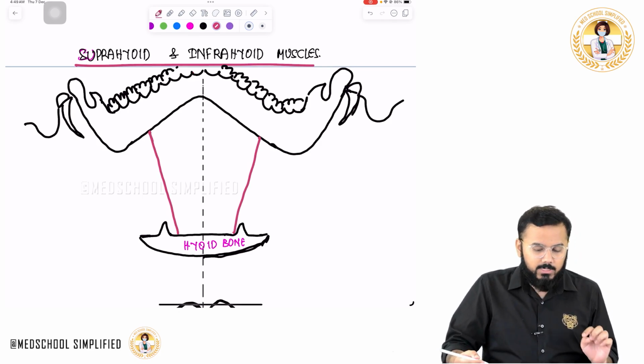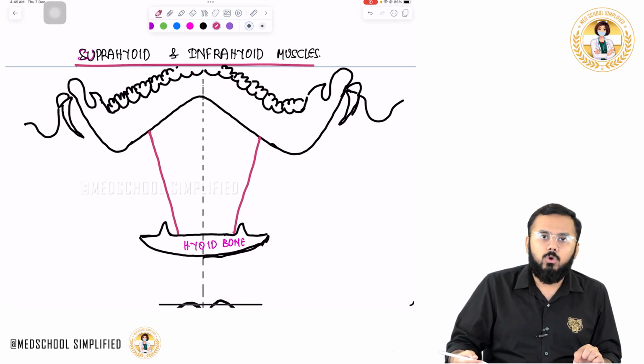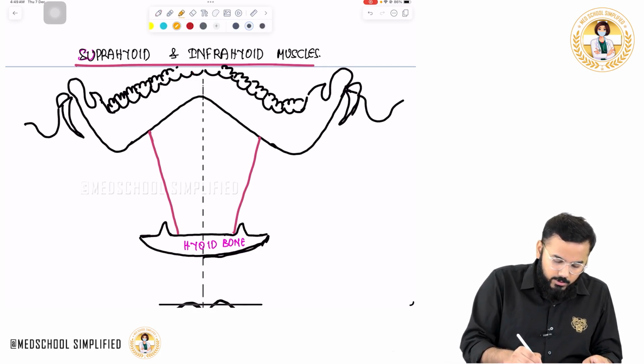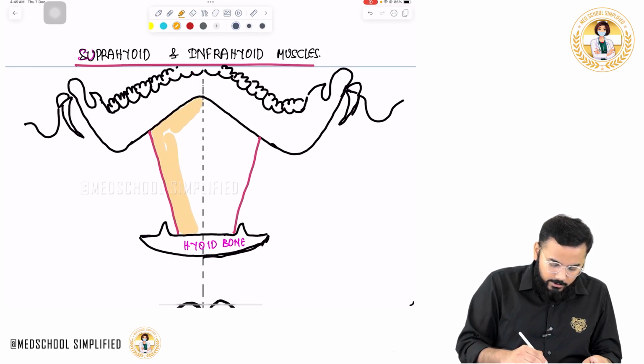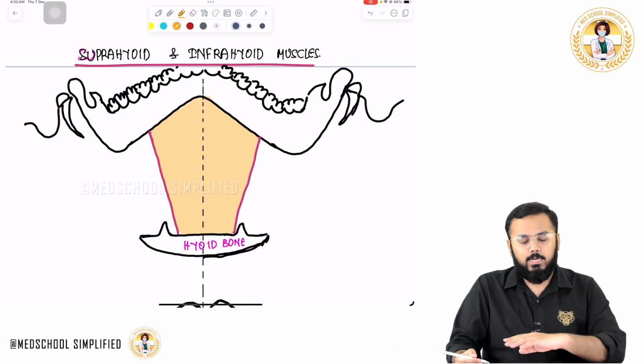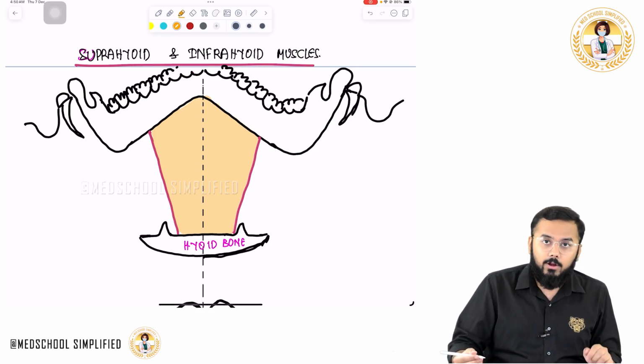This muscle, whatever I have drawn over here, is called the mylohyoid muscle. I will write down the names later on.